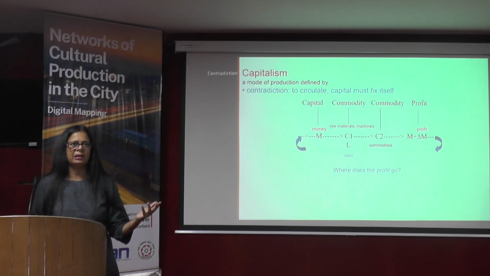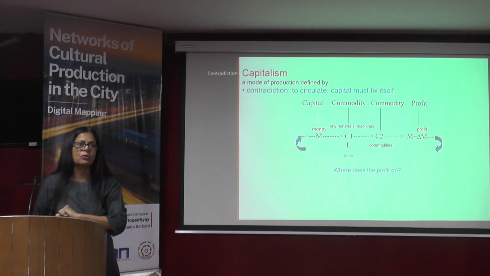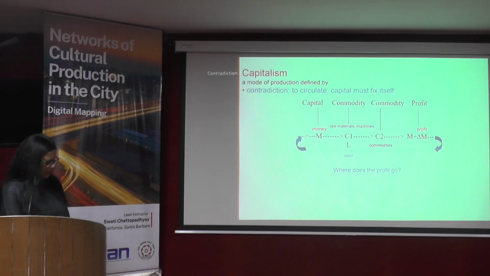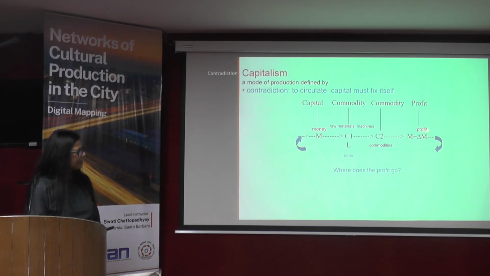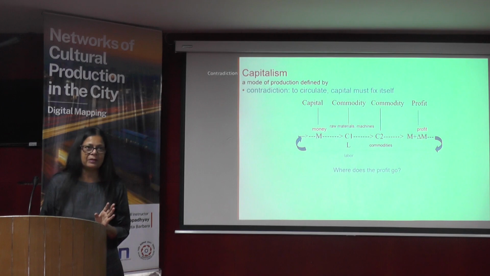Why would you put down those lengths of rail lines if it's not something you can destroy immediately or whenever you need it? So the question is, if capital must circulate, let's say you're taking the delta M and you're making this earlier M bigger, right? But it's only so big you can make that, because what will happen if you make it too big?